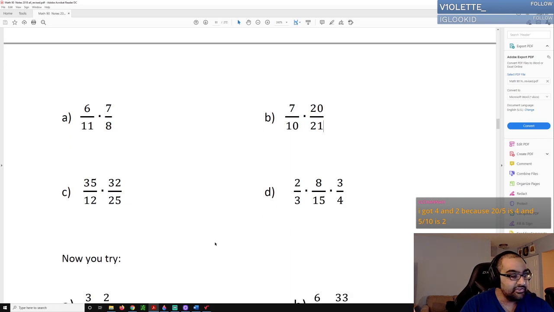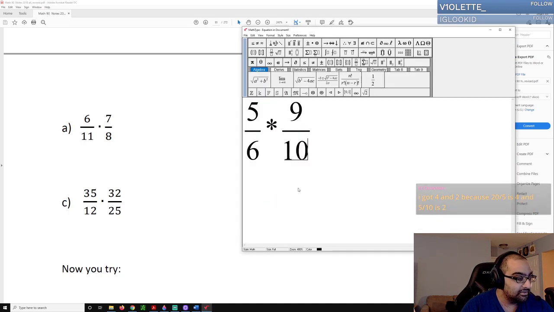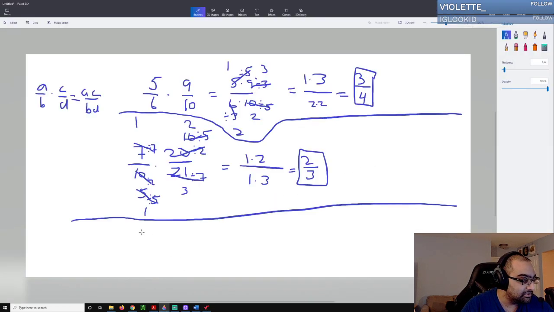Let's take a look here at another problem. 2/3, 8/15, and 3/4. All right, let's do it. Okay, so here we're multiplying 3 fractions to each other. Now again, all we need to do is find one number on the top, in the numerator, and one number on the denominator.